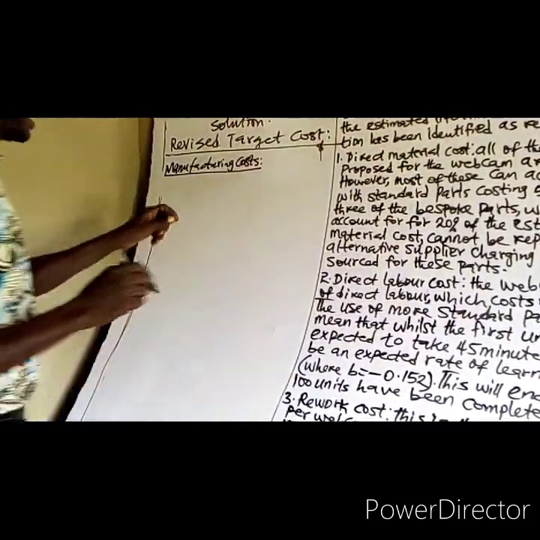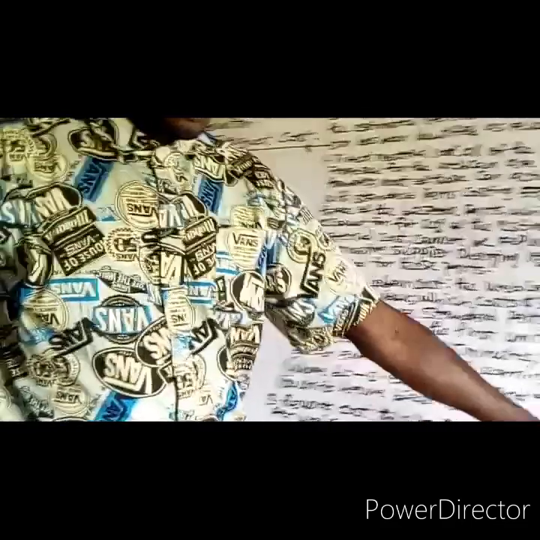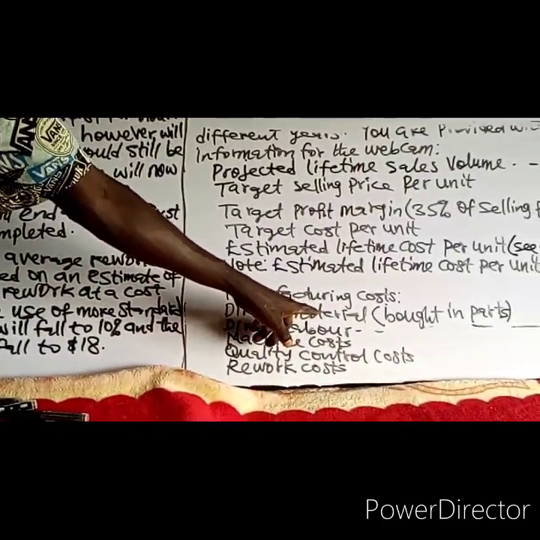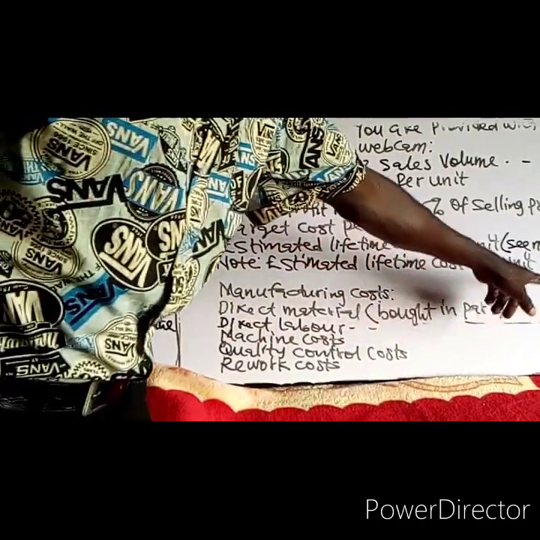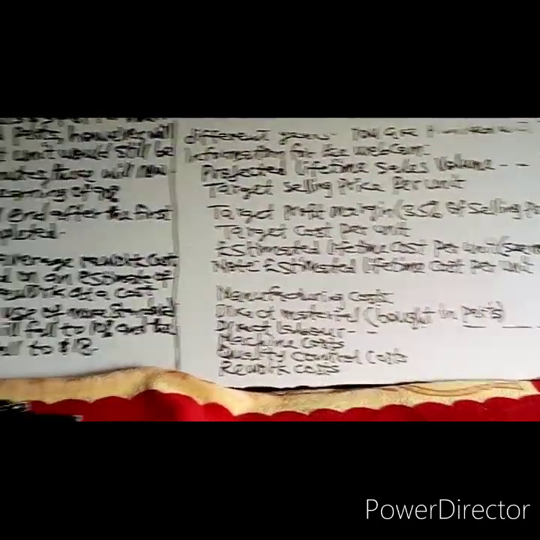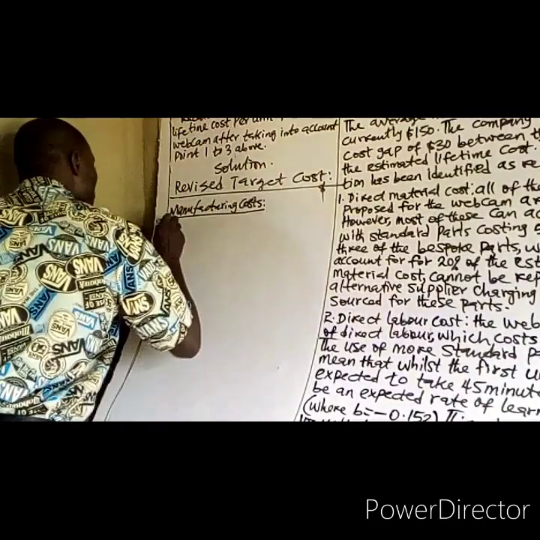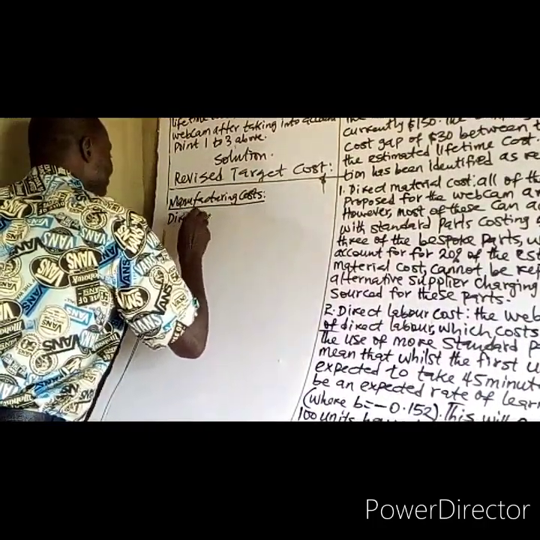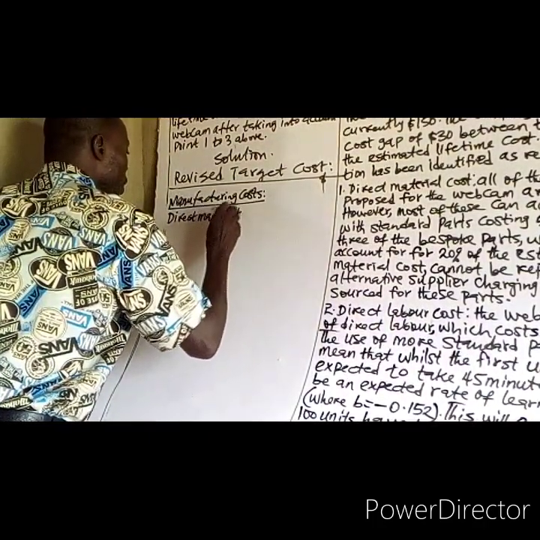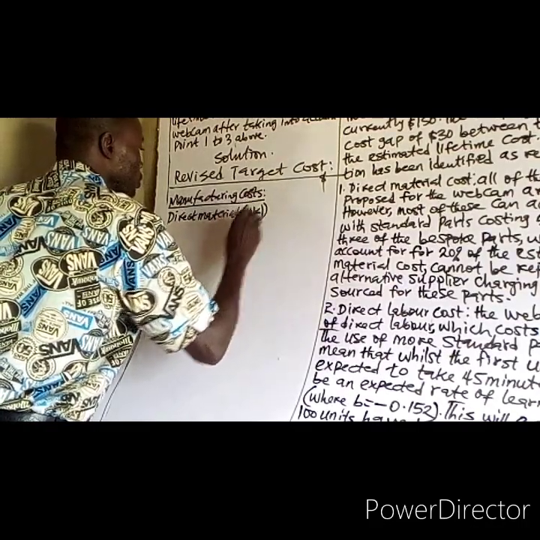Manufacturing costs comprise direct materials, bought-in parts, which is $40. Direct materials, let's have that as working 1.